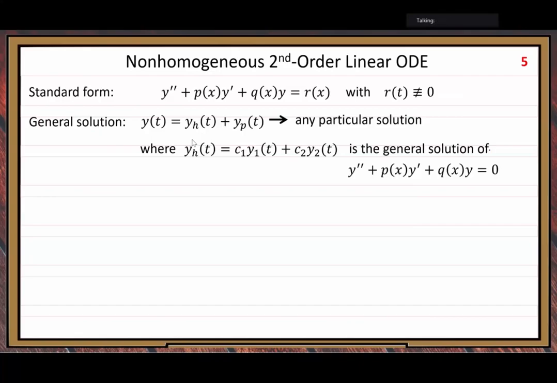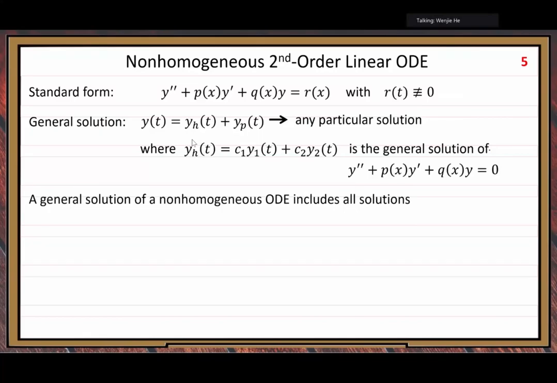All right. So that basis concept. Then a linear combination gives the general solution. So that's the form of the YH function. It is the general solution of this homogeneous version of the equation.